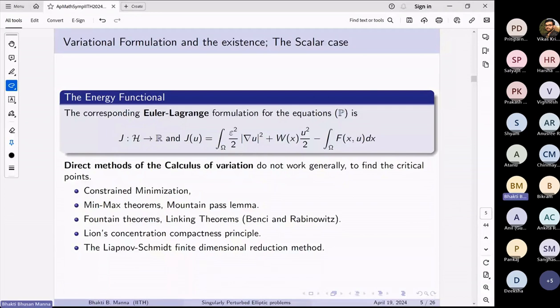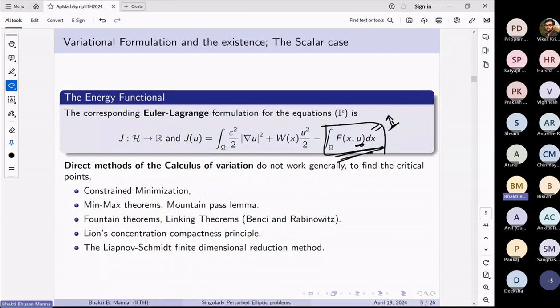So the first one is constrained minimization. Essentially, it takes a constraint on this kind of function. Maybe we can take this thing equal to, let's say, 1 for those u in a particular Sobolev space, and then we want to minimize. So the moment we put this extra condition, our space is now constrained.